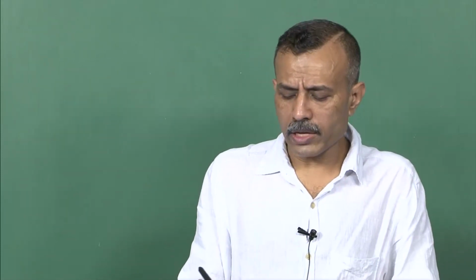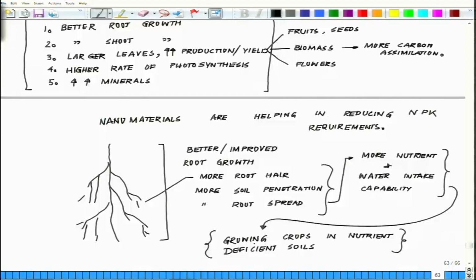So this is one aspect. What I wanted to highlight here is that for growing crops in nutrient deficient soil, maybe nano is the answer. Precision. You can really apply the required amount, and this could be another answer for fertilizer tuning. You can tune the fertilizer requirements for such soils.